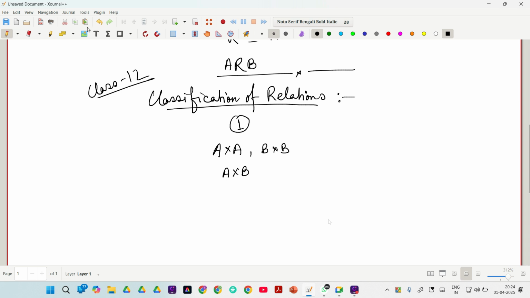So we are defining or classifying the relations on the set A cross A or B cross B, that is, on the same set.